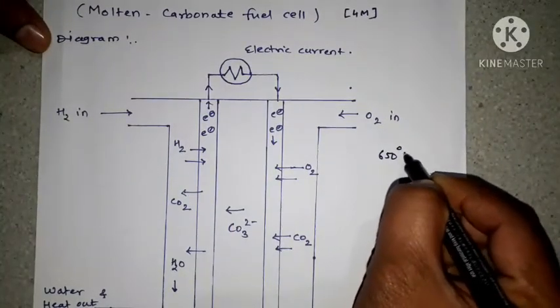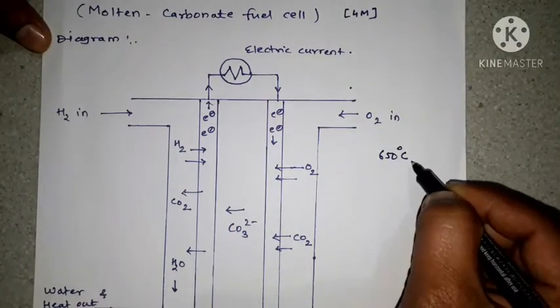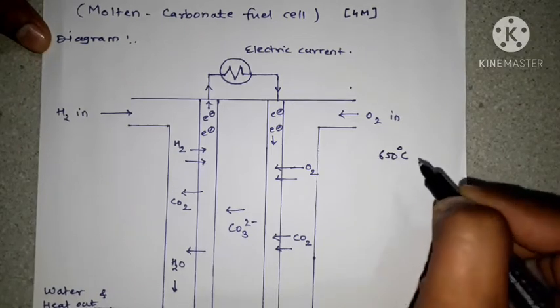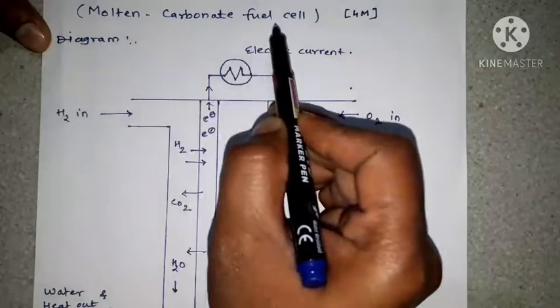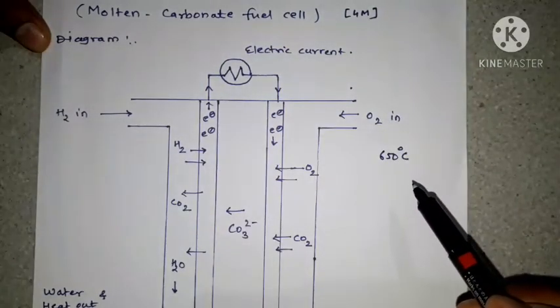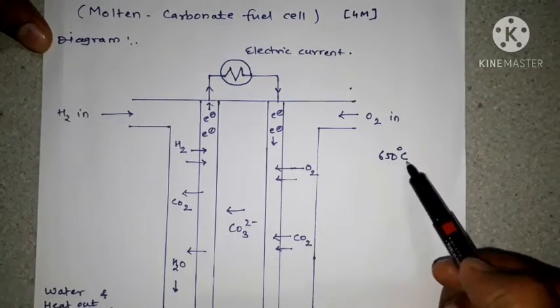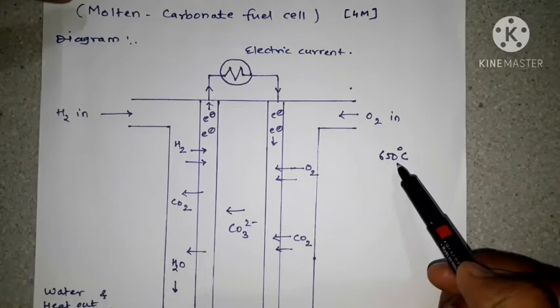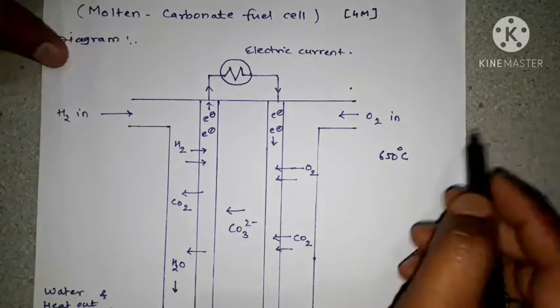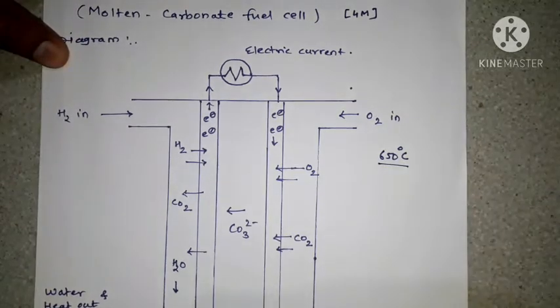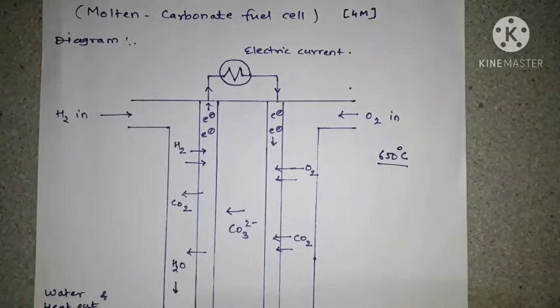Remember this: 650 degrees Celsius is the operating temperature of the molten carbonate fuel cell. Because of this high temperature, the molten carbonate fuel cell is an example of a high temperature fuel cell. So the operating temperature is 650 degrees.